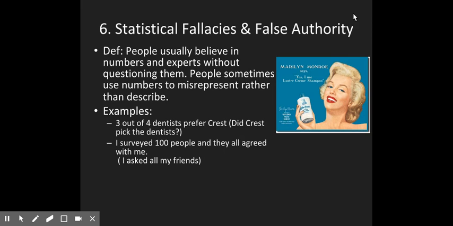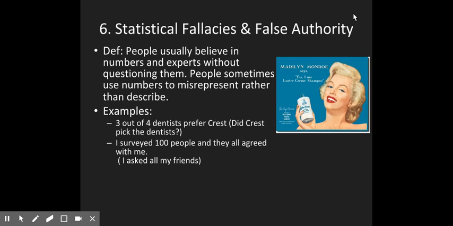All right, statistical fallacies and false authority. This is when people try to use ethos, but you have to really question if that ethos is real. So people use numbers that might skew the numbers, use incorrect numbers, or like we see in this advertisement here with Marilyn Monroe, they use some famous person who's supposedly credible, but we don't know that she actually uses that product, but we're supposed to believe her because she's famous, right?